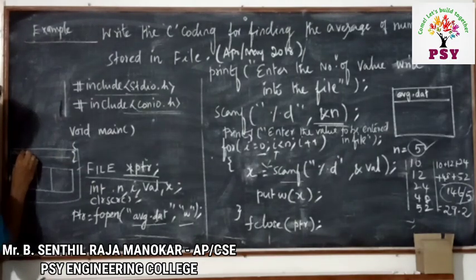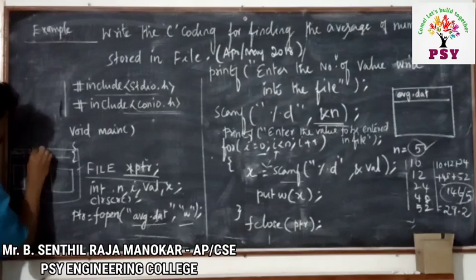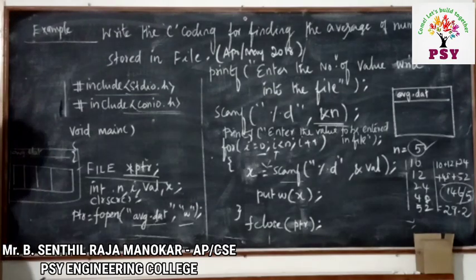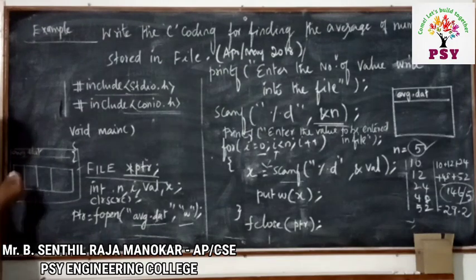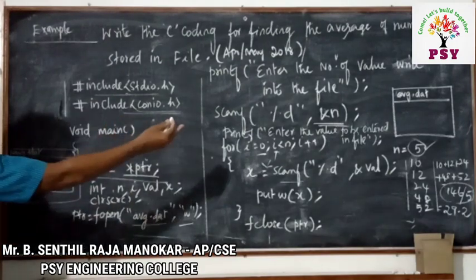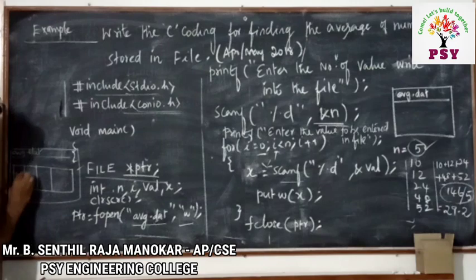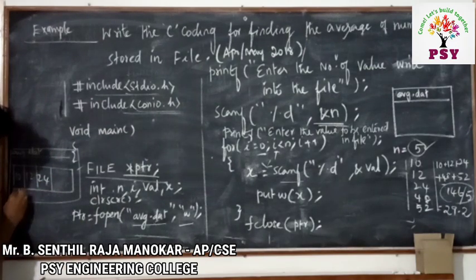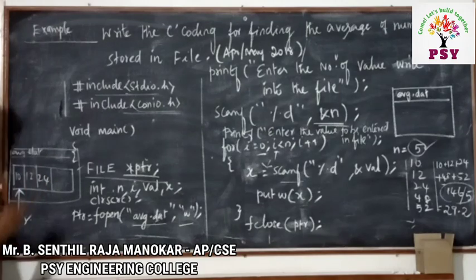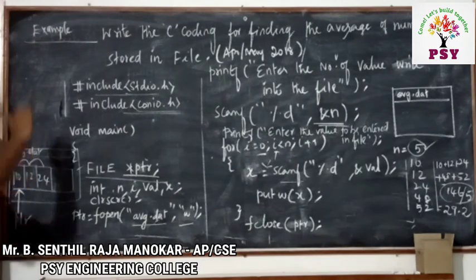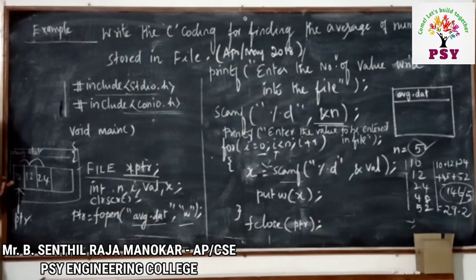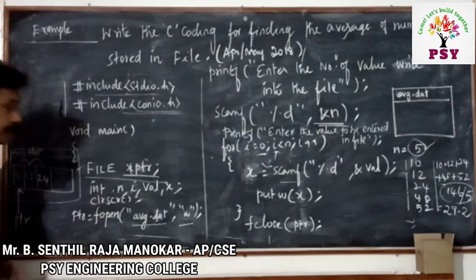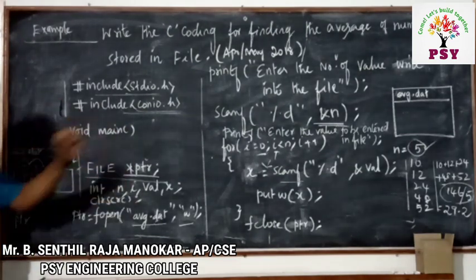This will be our average dot dat file. Already we have the values, for example 10 here, 12 here, then one more, 24. So first the pointer will be at the first value. Then it will be moved one after another. We are going to do that inside the coding.